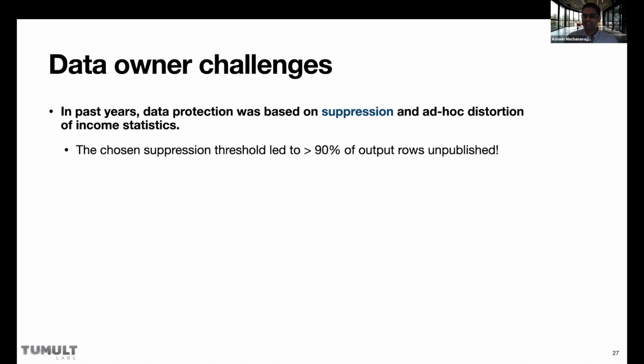As the data requests increase, you're breaking the data set down into smaller and smaller groups, and you're releasing more and more statistics about them. Based on the Department of Revenue's rules of thumb, the suppression led to basically throwing away most of the data. More than 90% of the output was unpublished.